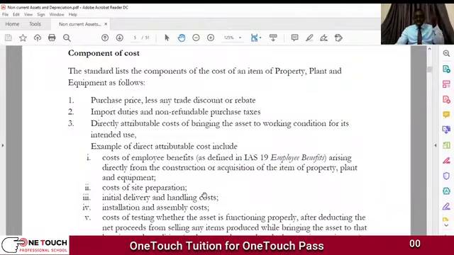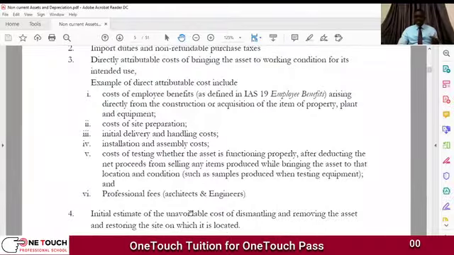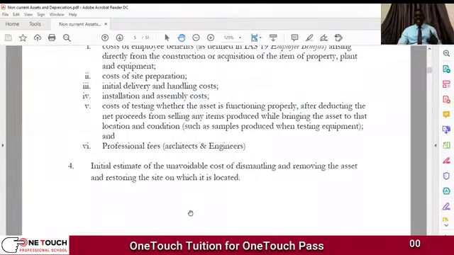We've looked at a number of the directly attributable costs: cost of employee benefits that are directly associated with construction or acquisition of the item of equipment, cost of site preparation, initial delivery and handling costs, installation and assembly costs, cost of testing the asset to find out whether it is functioning properly, professional fees such as fees paid to architects and engineers, and the initial estimate of the unavoidable cost of dismantling and removing the asset and restoring the site on which it is located.